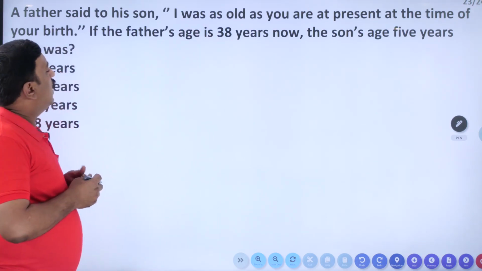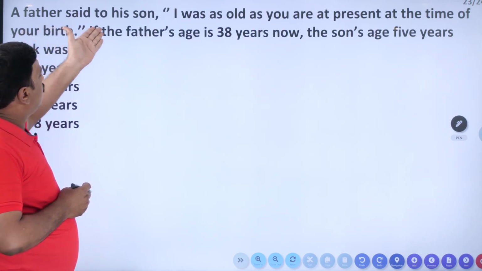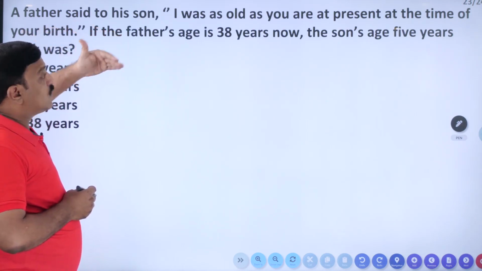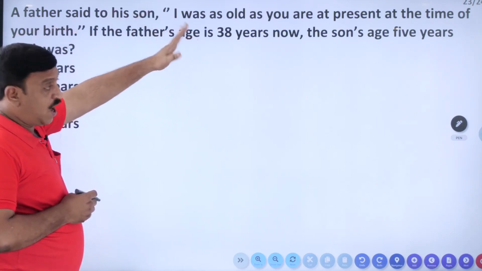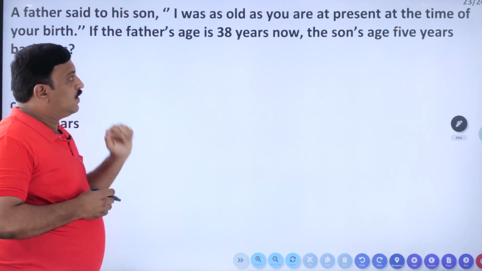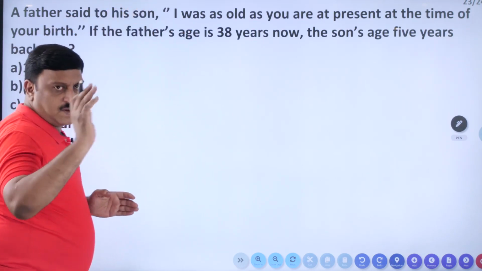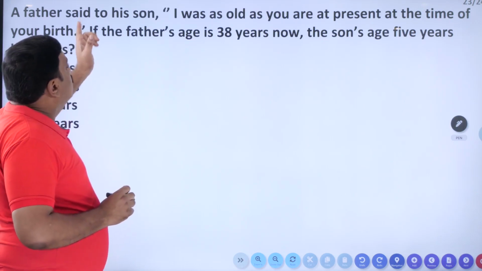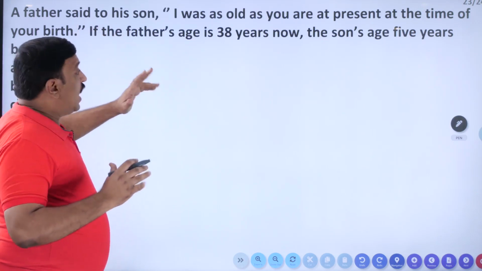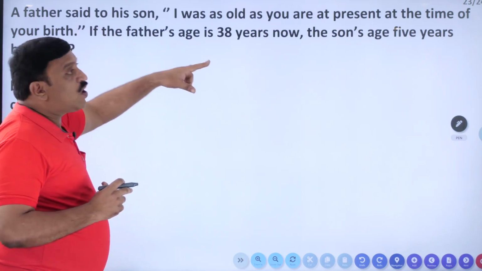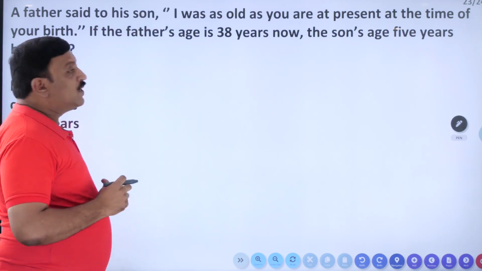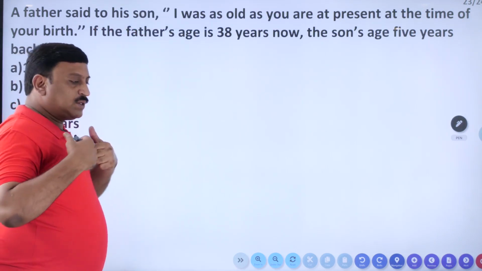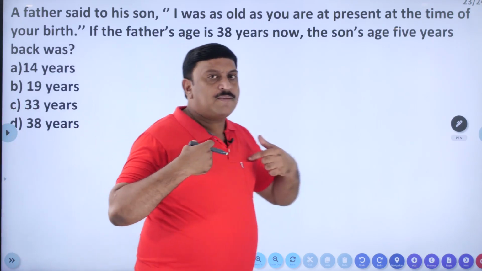So here, you see this one. A father said to his son, I was as old as you are at present, at the time of your birth. Once again, I'll repeat. That means, how I am?